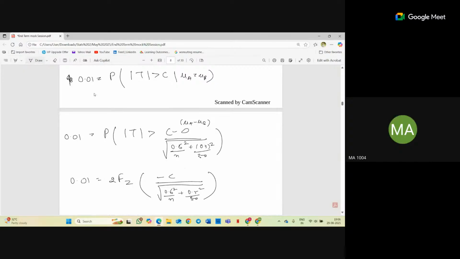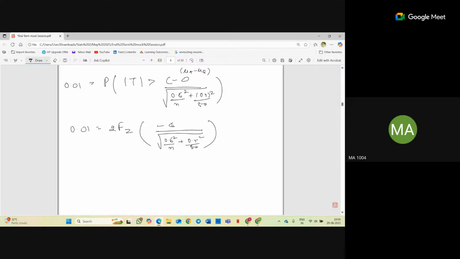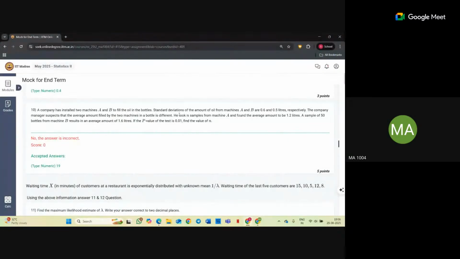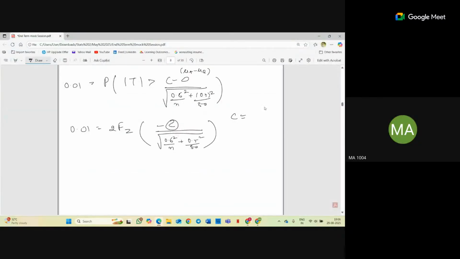Now, I need the value of c here, right? We need the value of n here. So what is the value of c according to the question? 1.6 should be equal to the mod of the difference because of the p value.